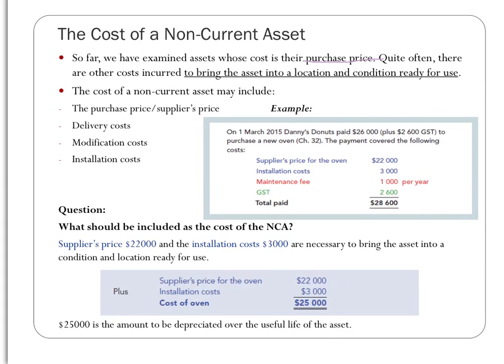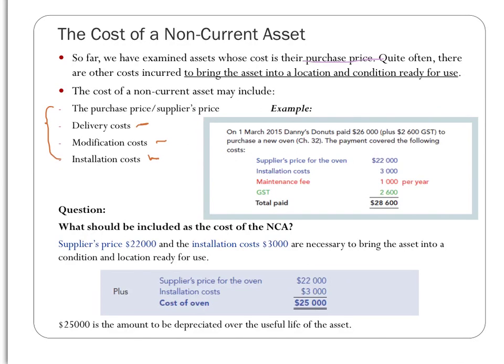What I mean by that is other costs, obviously the purchase price, the initial historical cost, but also other costs like delivery costs, modification costs, installation costs. So let's have a look at an example.